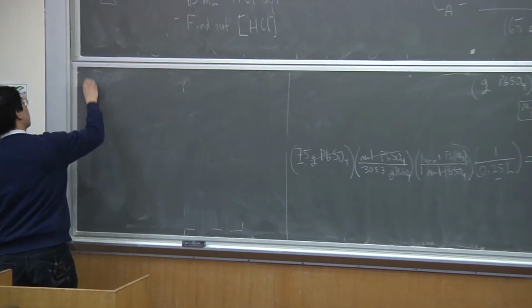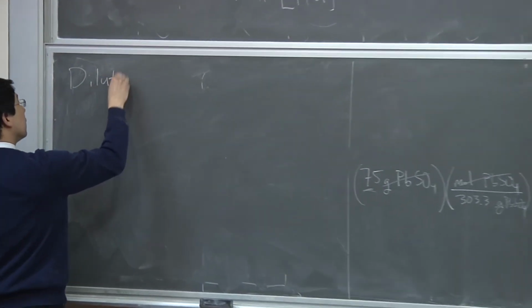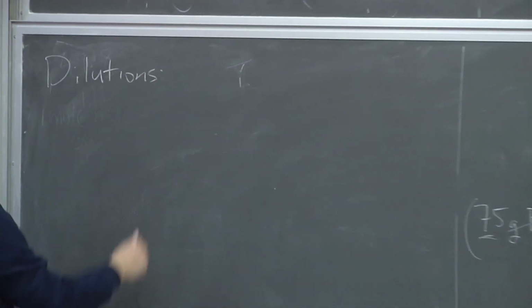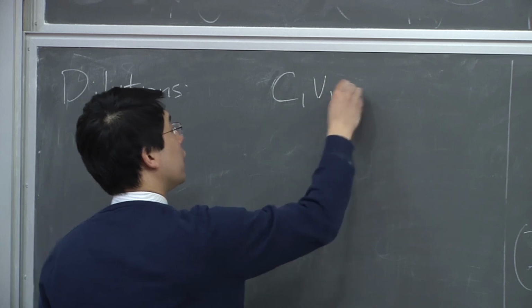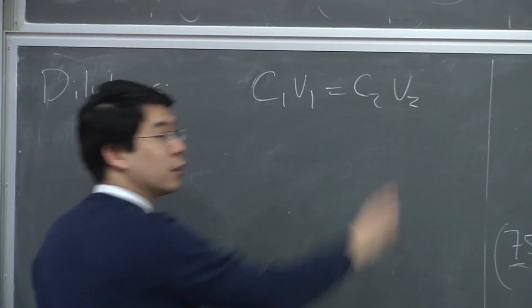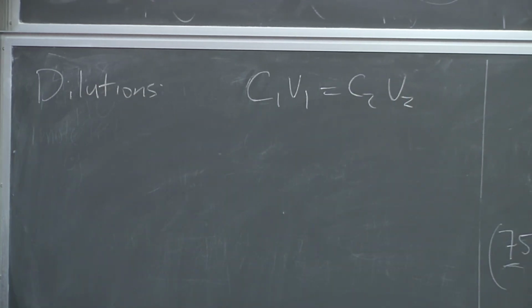Let's go back to dilutions, right? In dilutions, we have this formula that says C1V1 equals C2V2. There's one place where you need to be really careful. In the first question that we did, our initial volume was 2 liters and our final volume was 5 liters.